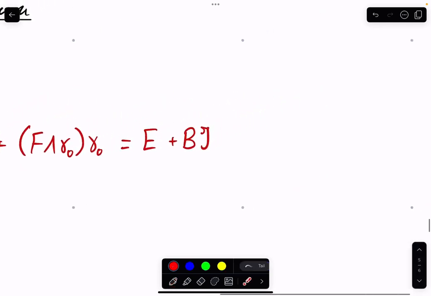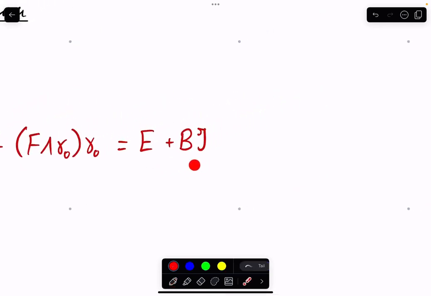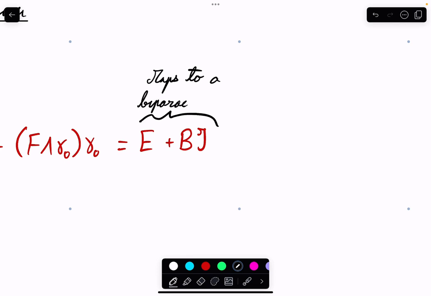Where these right here are bivectors in the spacetime algebra, but they map to vectors in the APS. So F maps to a biparavector in the APS.